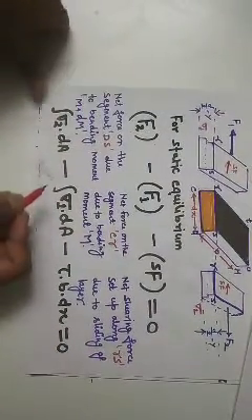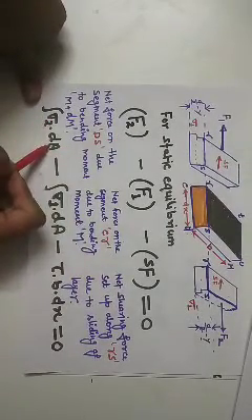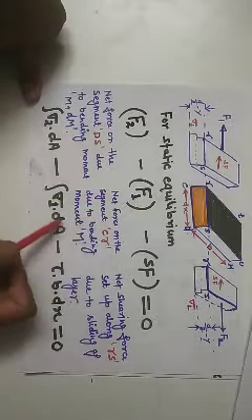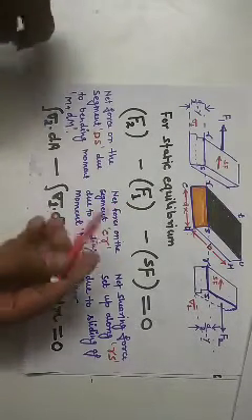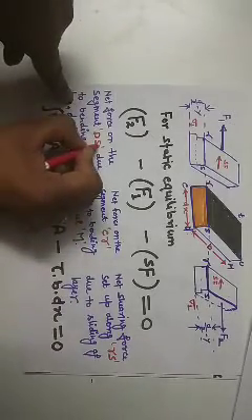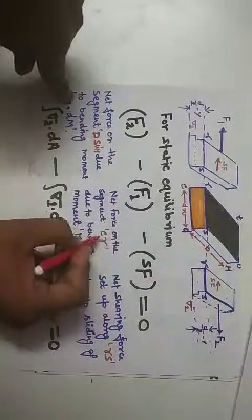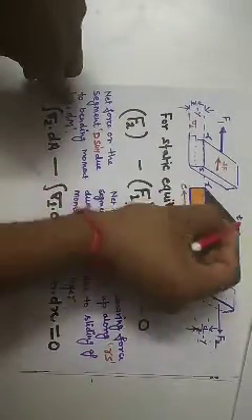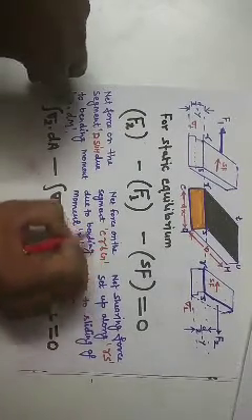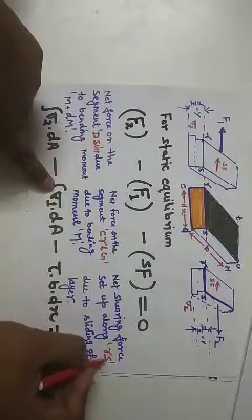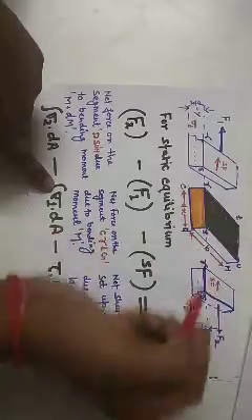Now I have given the detail here. F2 will be equal to sigma 2 into dA. F1 will be equal to sigma 1 into dA. Clear? This segment DS will be DSUH, and this segment CR will be CRTG. We can say SF will be RSTU, acting along this layer, right?